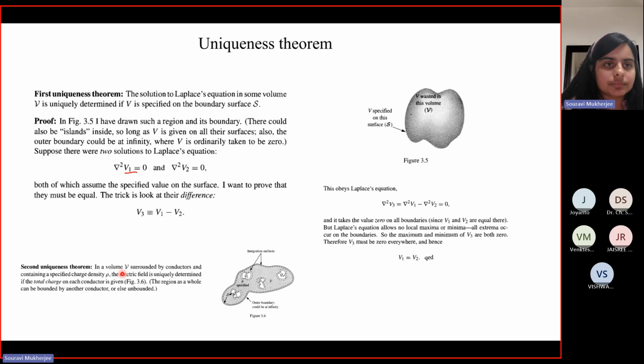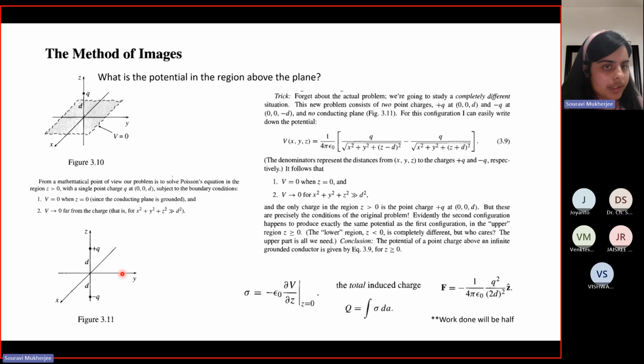Okay. Now, talking about the method of images. So here, if we start with this case where you have some surface, some conducting surface where the potential is said to be 0. Okay. And then you have some point charge Q at some distance d from this surface. And you are asked what is the potential in the region above the plane.